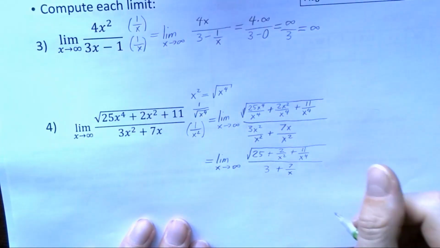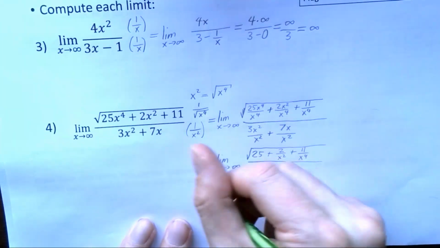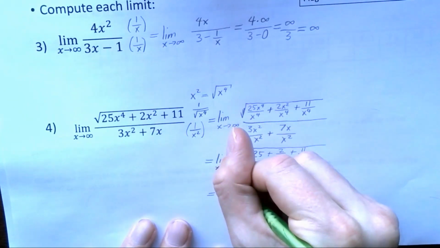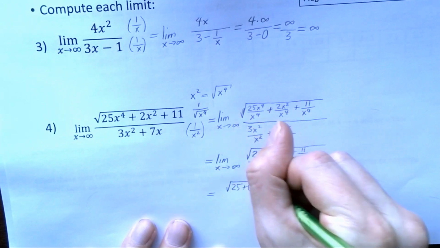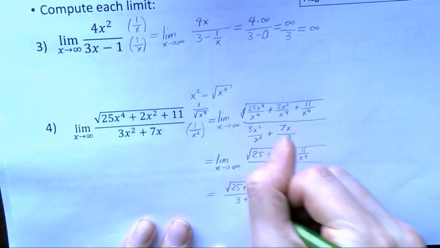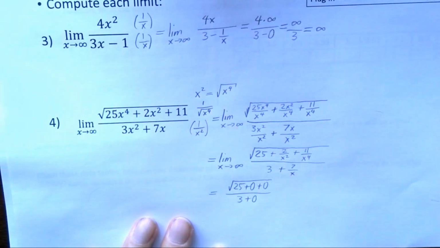So then, plugging in infinity and noting that any number divided by infinity is 0, this gives us the square root of 25 plus 0 plus 0 over 3 plus 0. So 25 plus 0 is 25.